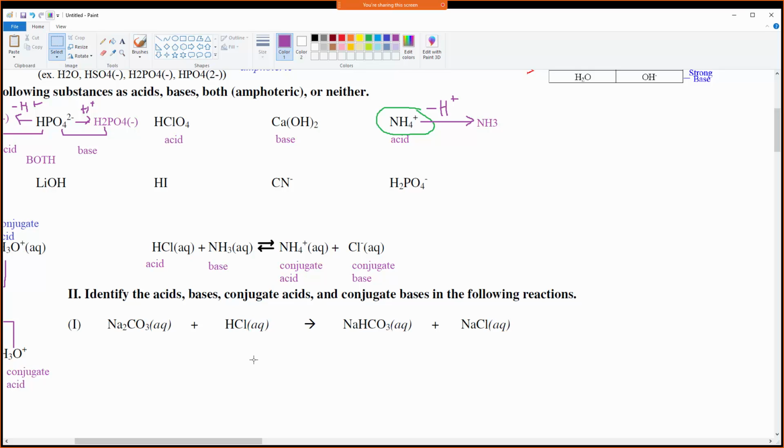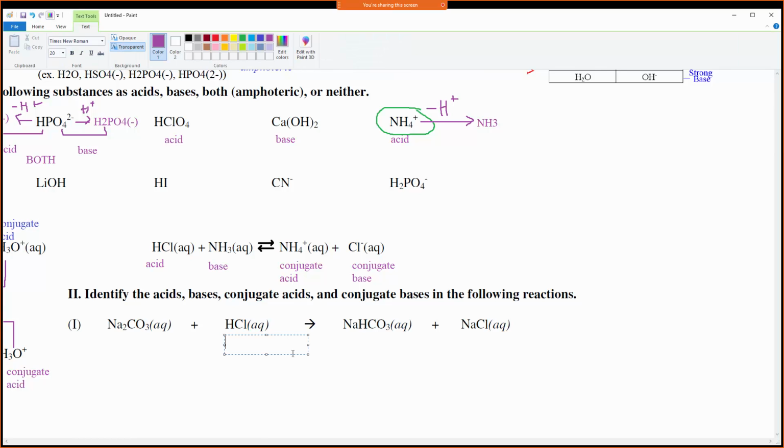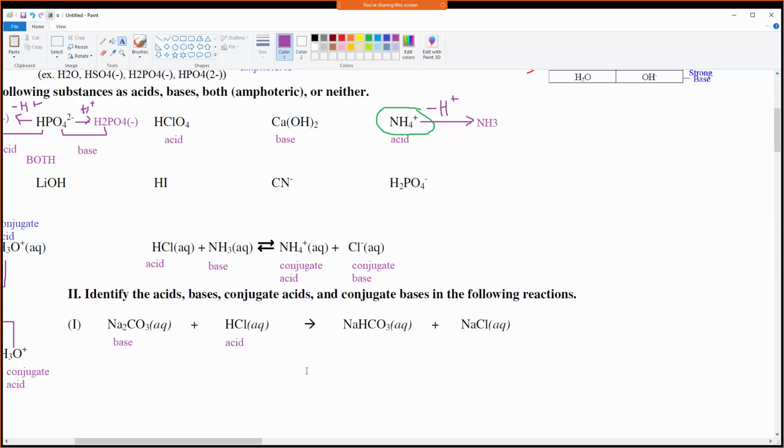All right, Sarah says, and I trust her, she says HCl is the acid and the base is Na2CO3. How did you make that determination, Sarah? That's right. Okay, so going from HCl to the product over here, NaCl, there's no longer an H on that Cl, so it must have lost it.